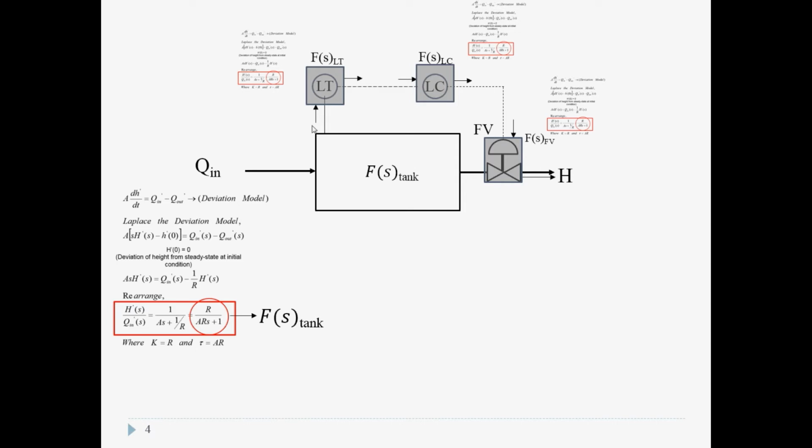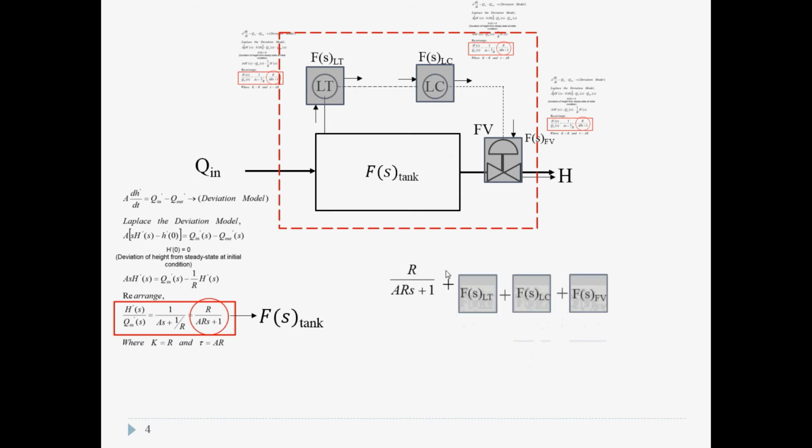And since the input and output of all these extra units are found in between Q in and H, we can actually draw a process boundary between Q in and H, encompassing our original tank as well as other components, to form a composite system.